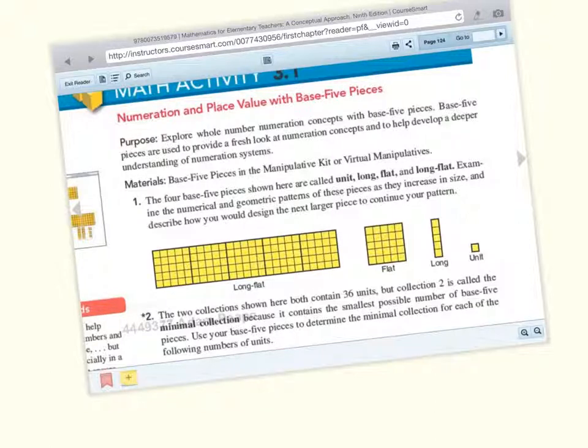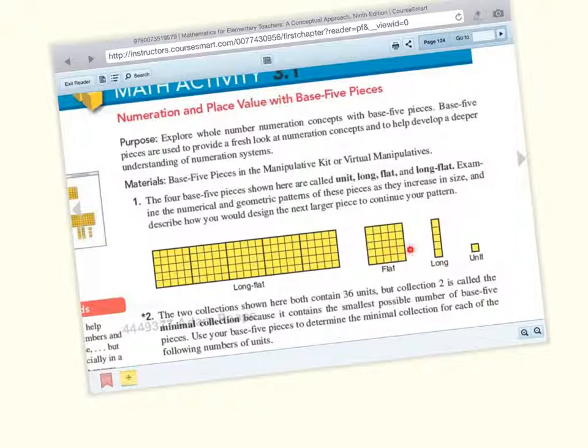And so a minimal collection, here we're shown in this particular problem, says, alright, well, we have two different collections shown here where they both have 36 units, but the second collection is the minimal collection. If we look at the left side collection, yes, there are 36 units, but notice that we've got here 6 different longs and 6 units.